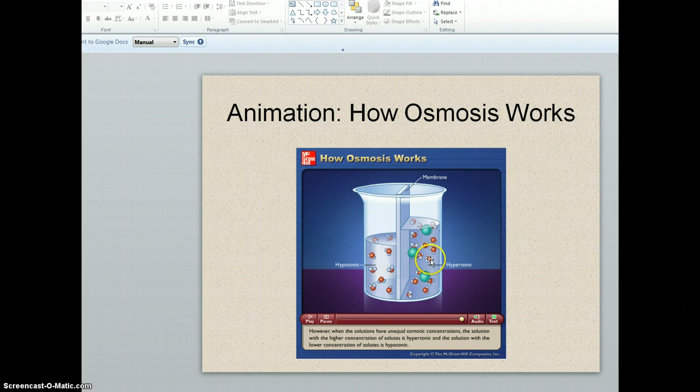And so there's a tendency to move water. So osmosis is actually the movement of water in response to a concentration gradient across a membrane into a hypertonic solution, which means this is the side where there's a lot more molecules. Let's watch this one briefly.